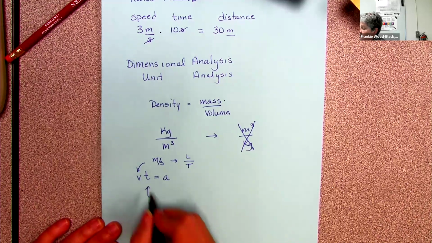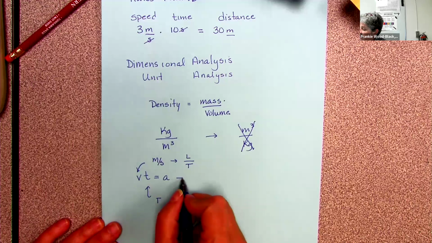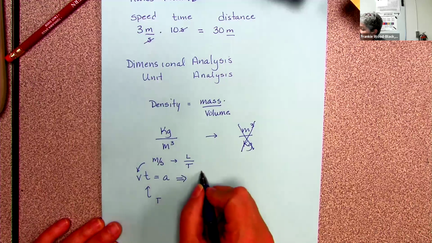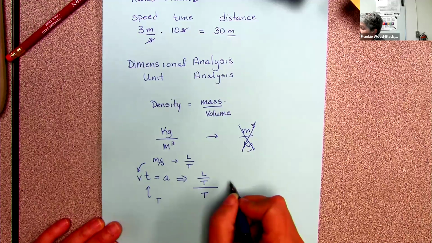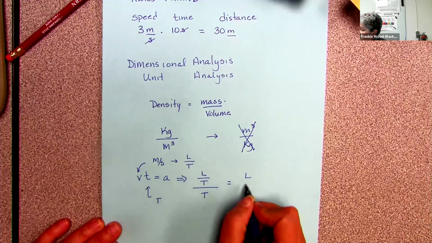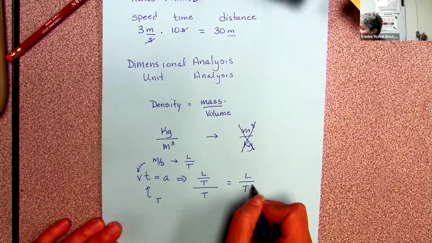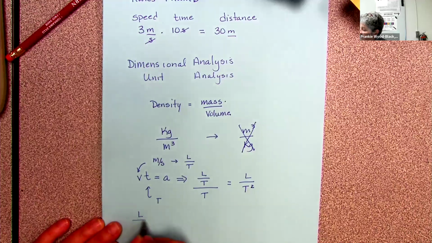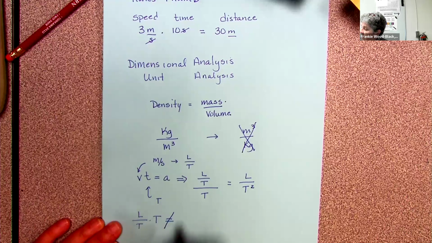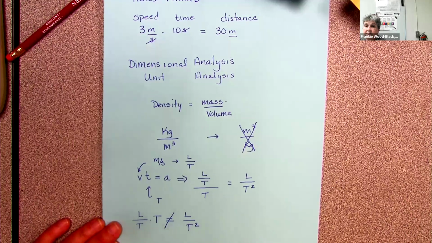Time is going to be in time, but acceleration is a length per unit time per unit time. So that's going to give me a unit of length divided by a unit of time squared. And if I do length divided by time times time, that's not equal to length divided by time squared.